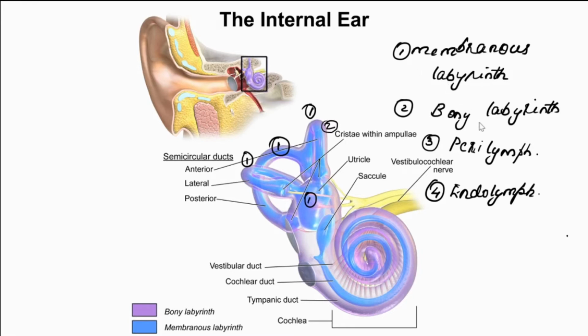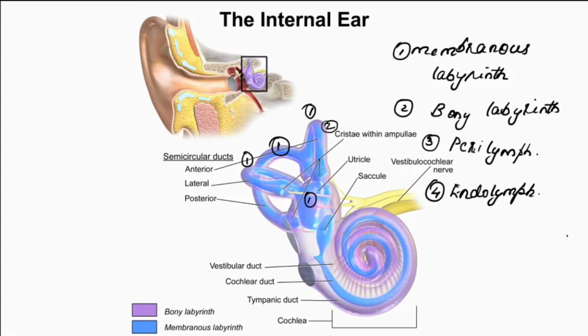And then what is the bony labyrinth? The membranous labyrinth has a cover towards its outer side. In this picture, we can see it in light pink color over this blue area. That cover is called the bony labyrinth.